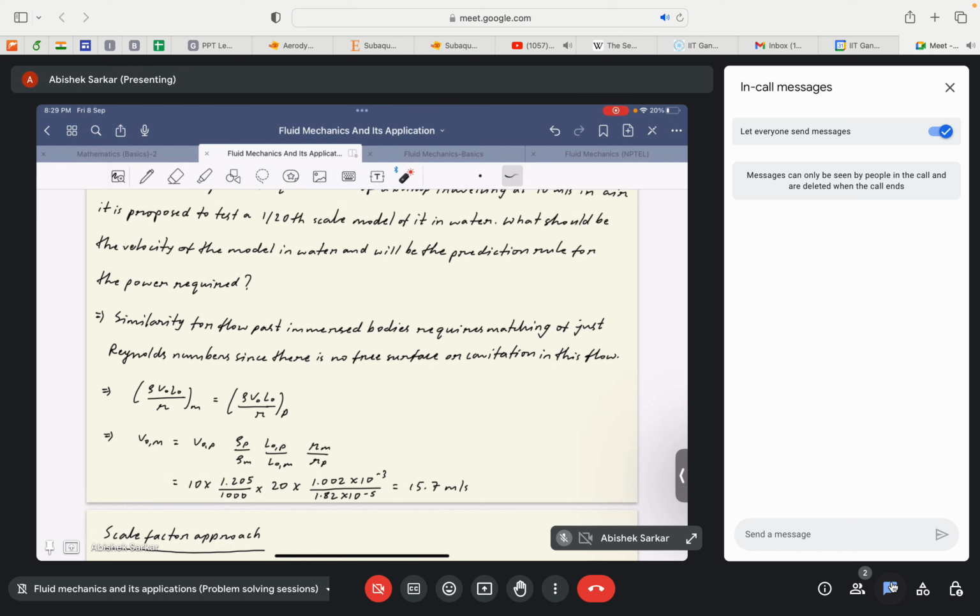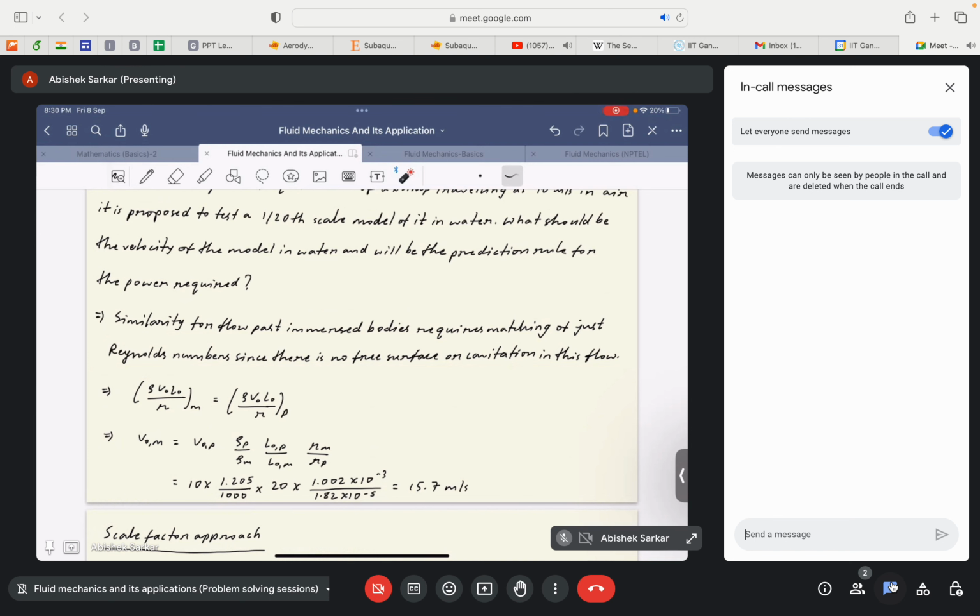similarity for flow in immersed fluids requires matching of just the Reynolds number, since there is no free surface or cavitation in this flow. Okay, so as you saw in the previous problem, the matching of the Euler number was the primary factor for deriving the required flow parameters.